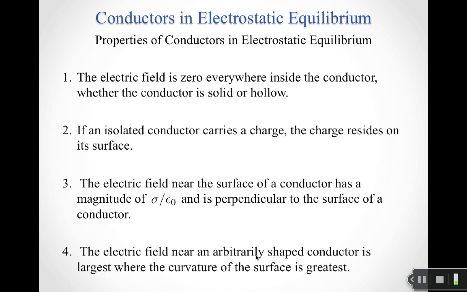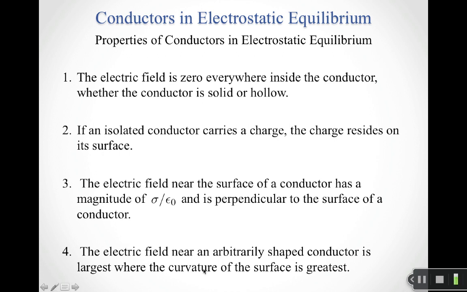If you do have an arbitrarily shaped conductor, where there are flat regions, curved regions, whatever, you're going to have the strongest electric field where you see the largest curvature. That means a place where your conductor has a lot of curvature.